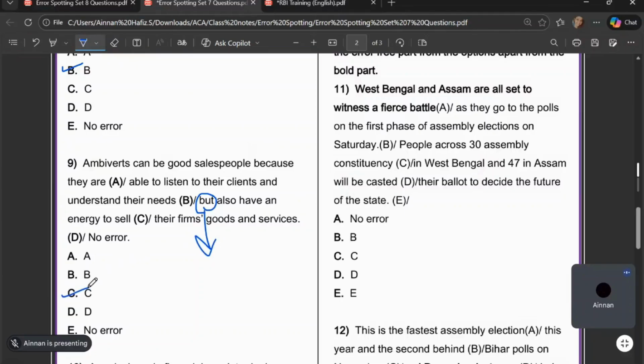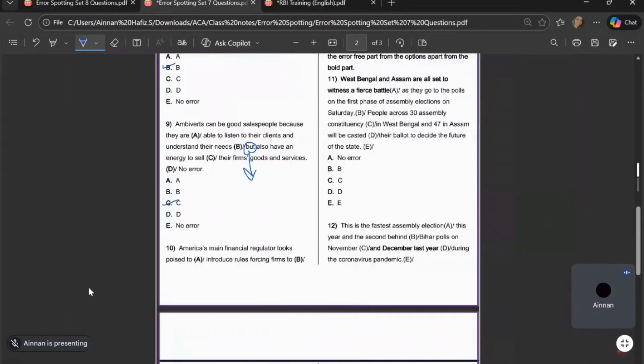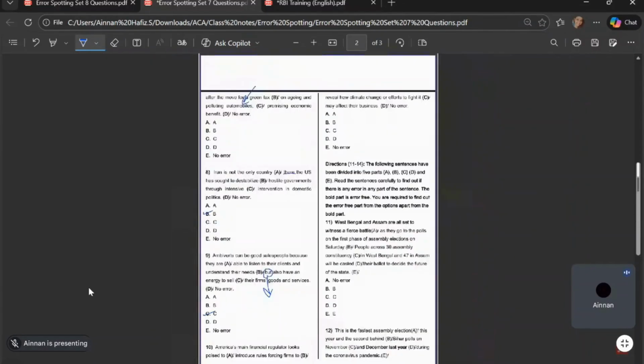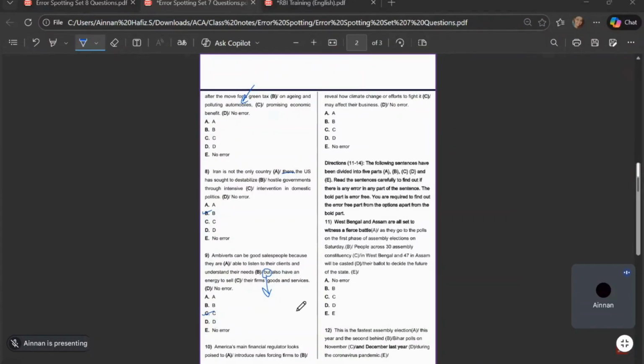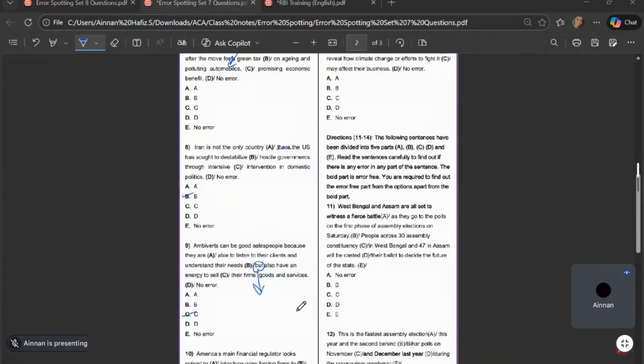Very good. Any doubts other than this, apart from this? No, ma'am. Okay. 10th one. Okay. I hope you all can see the 10th one because half question is here and the other half is here. Yeah.